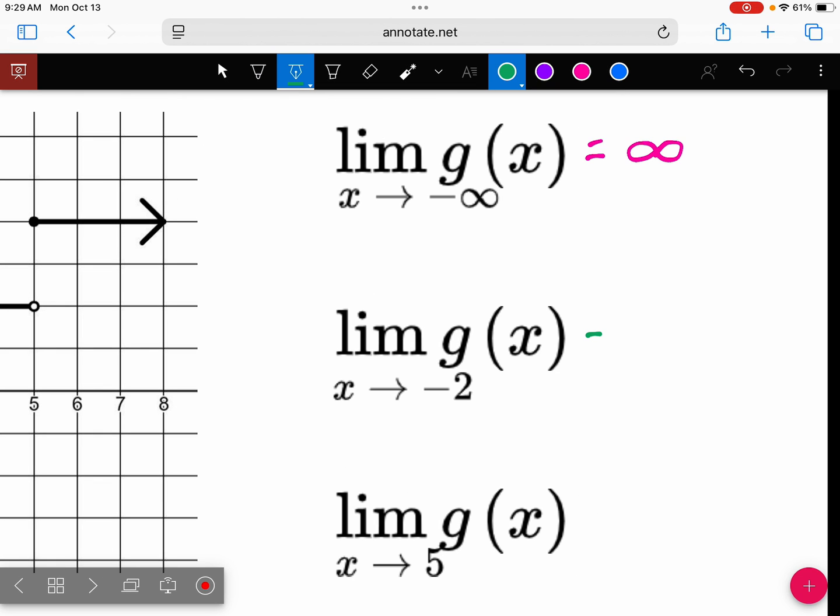But what is the value at negative 2? It's a hole. There is no value. It's discontinuous. So I don't actually have a value at g of negative 2. But on either side of negative 2, it's real close to 3. If I didn't have that discontinuity there, it would be 3. So a lot of times we use limits when we have something like a discontinuity, because we want to know what that value would be. So I have to look on either side of it to see what's really close.